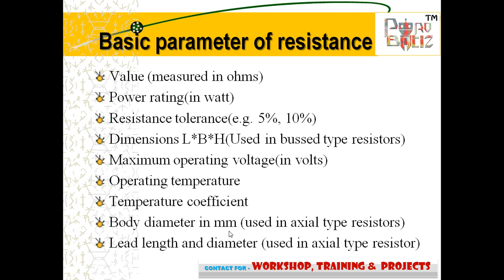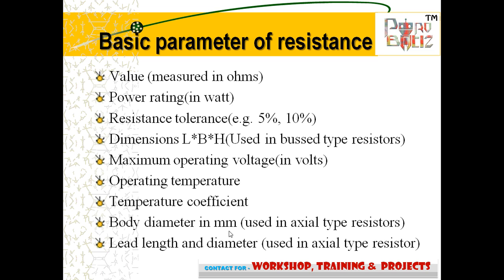Now I discuss the basic parameters of resistance. Value, measured in ohms, kilo ohms, or mega ohms. Power rating in watts. Resistance tolerance, for example 5%, 10%. Dimension: length into breadth into height, used in bush type resistor.